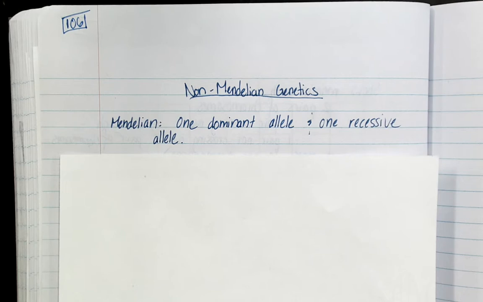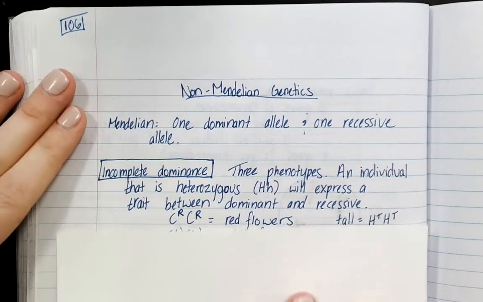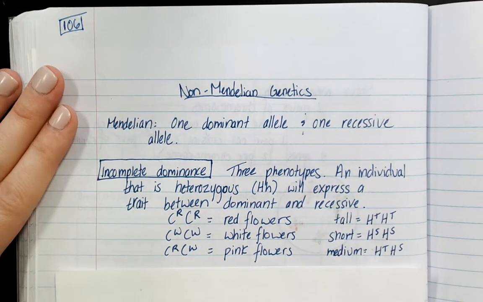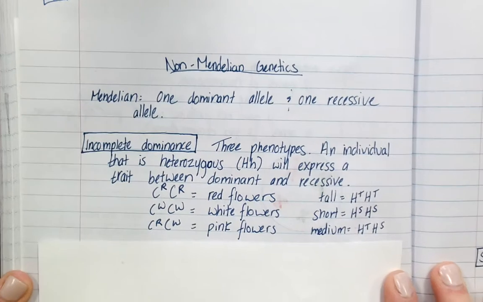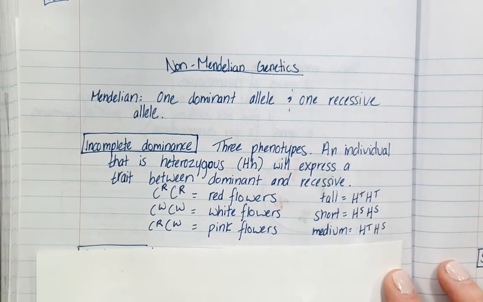We're going to look at 4 different types, and just know that when we're actually looking at animals, often these different types are combined. So it gets pretty complex and confusing. But what we're going to look at right now is much more simple. So the first one that we're going to look at is incomplete dominance. So incomplete dominance is when there's 3 genotypes and 3 phenotypes.